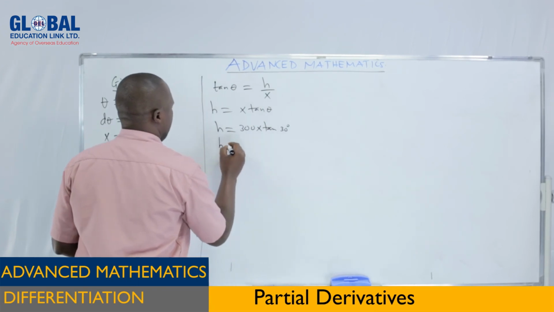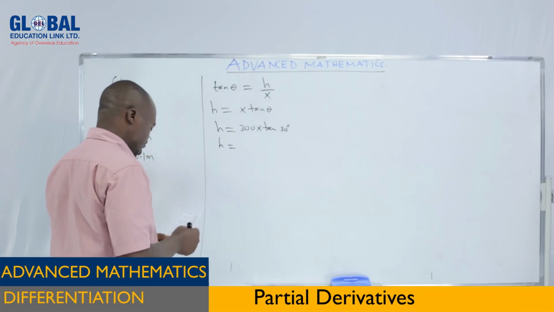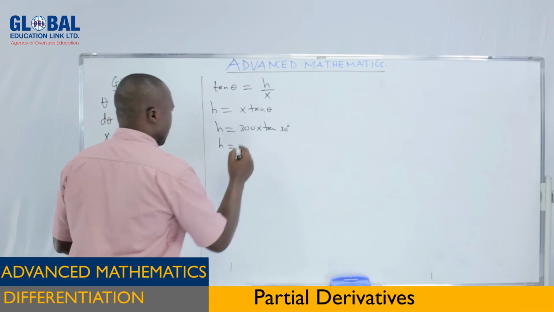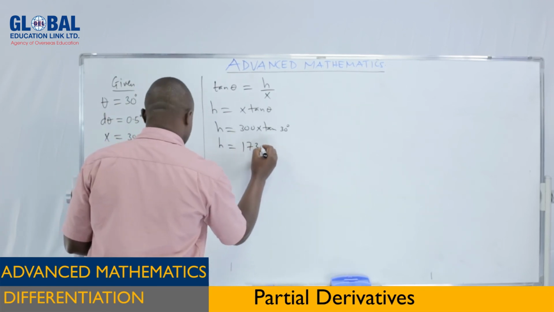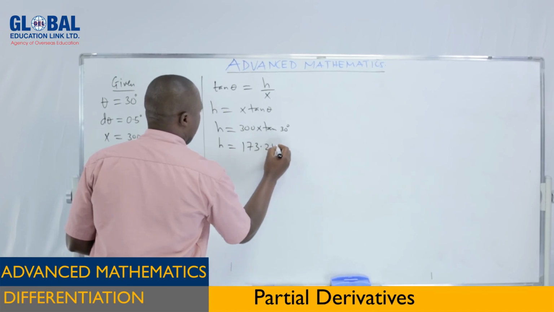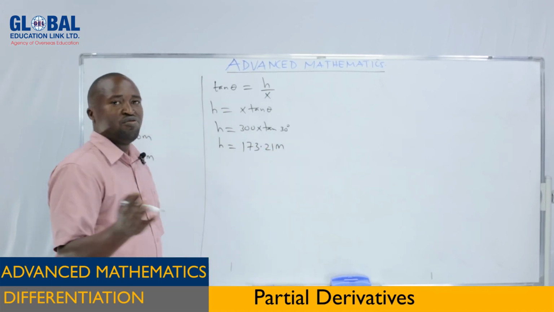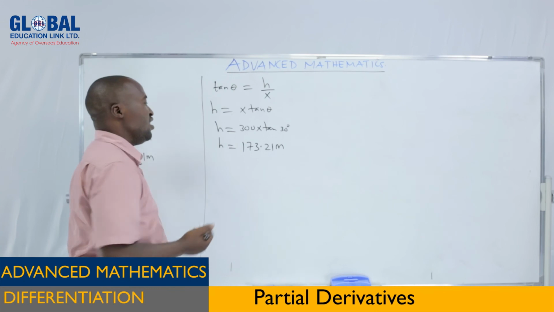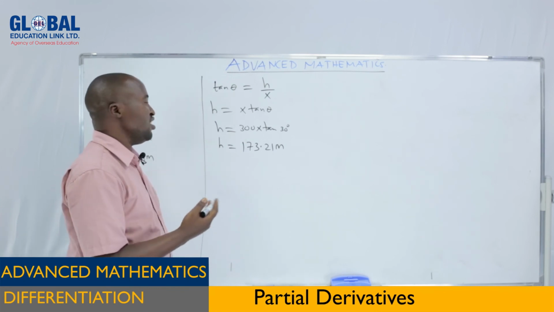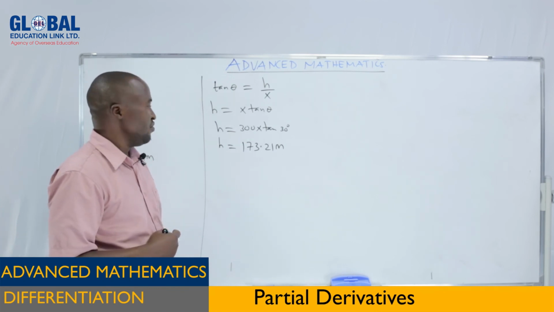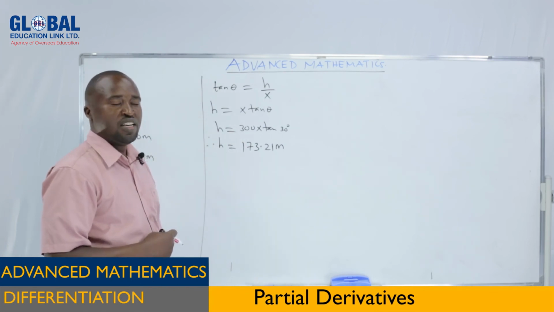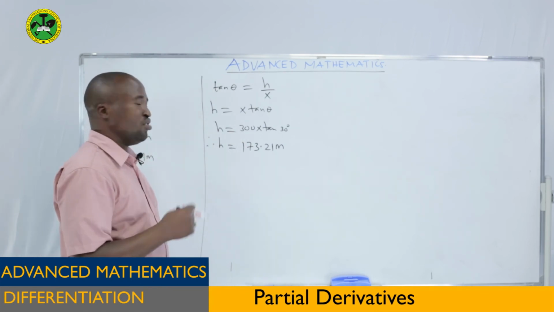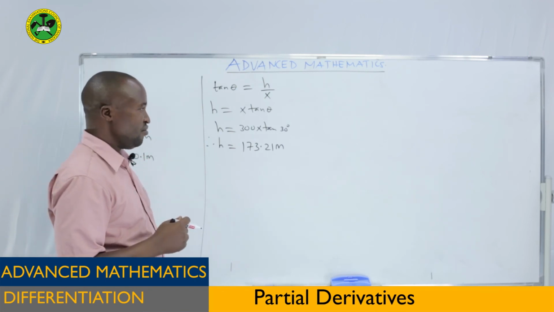So h will be equal to 173.21 meters. Just use your calculator, take 300 times tangent of 30 degrees. So we are going to get the same answer, 173.21 meters.